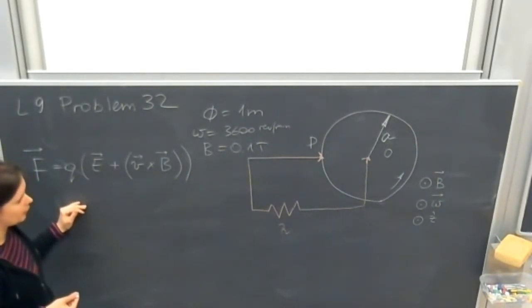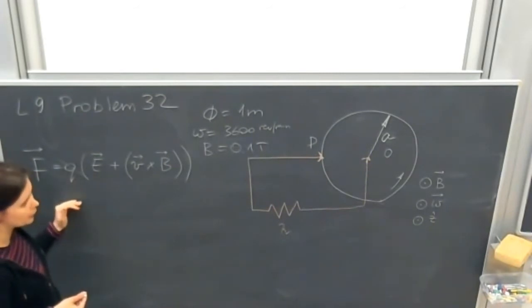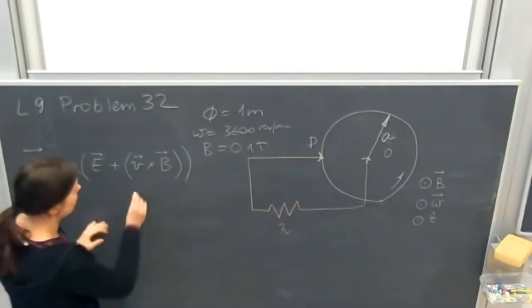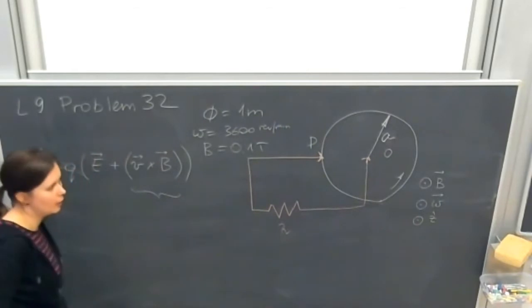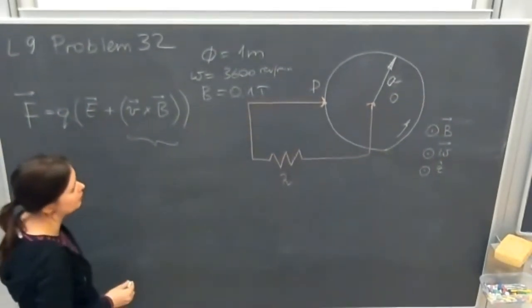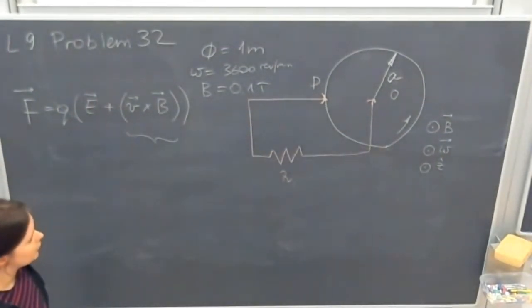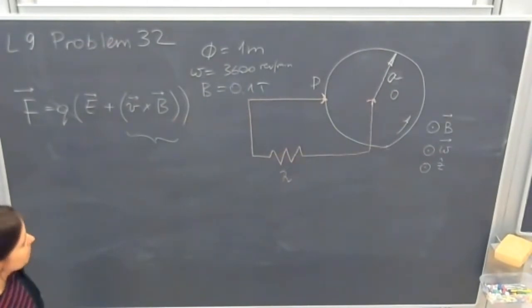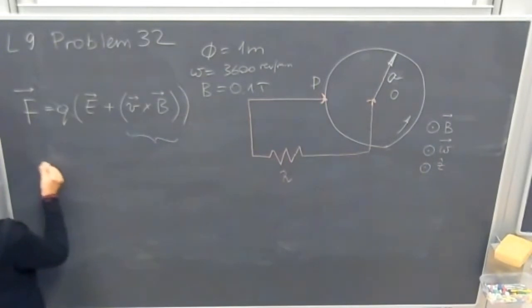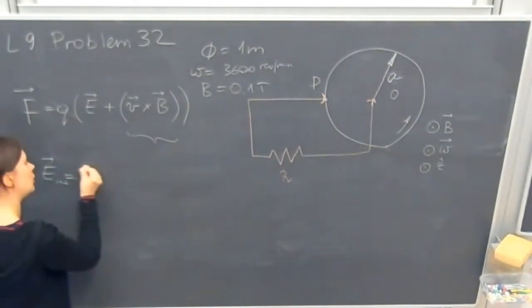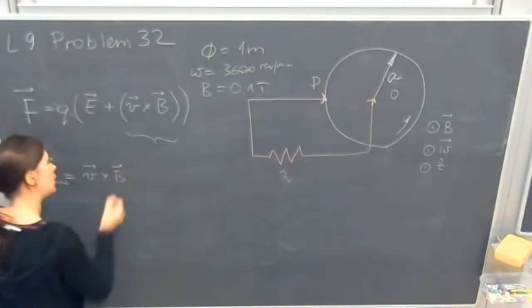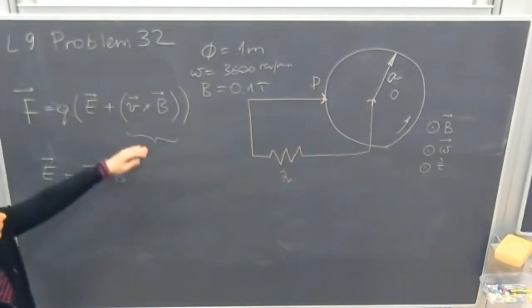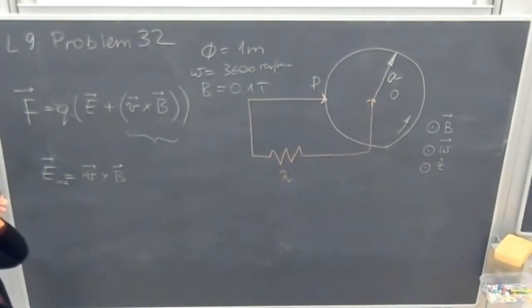Due to the Lorentz force, for this part, we have a constant magnetic field, and there is an induced electric field E, induced by this part of the Lorentz force.